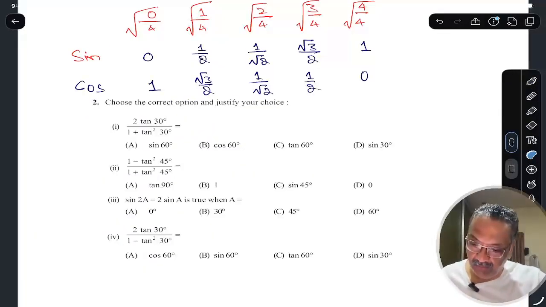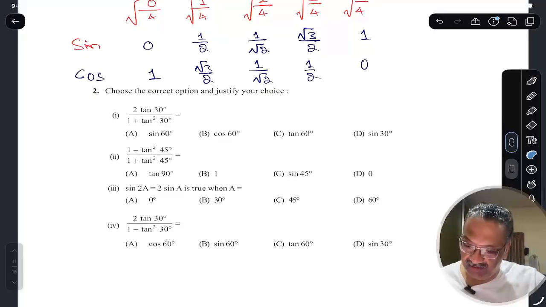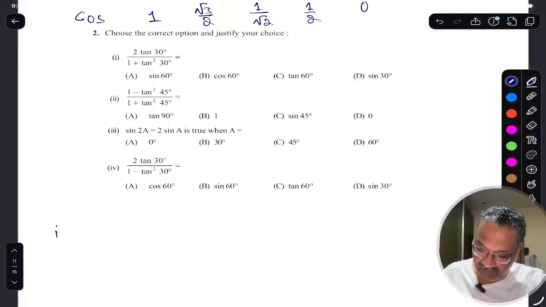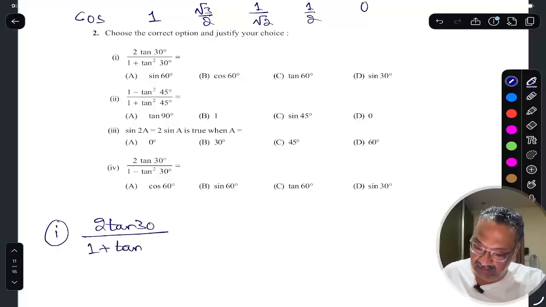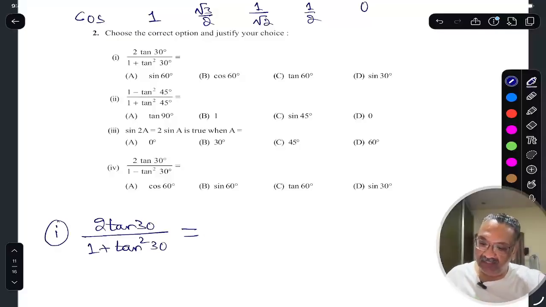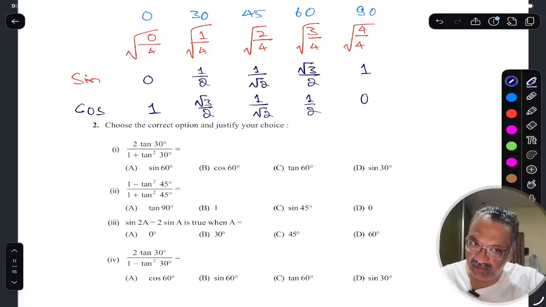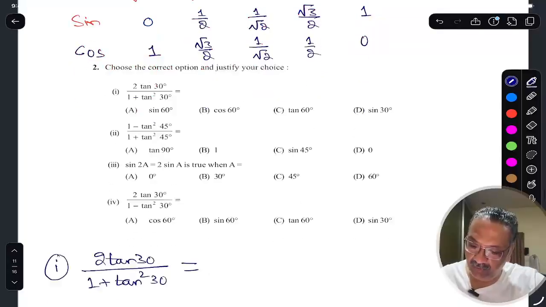Next, question number 2. Choose the correct option and justify. Okay, the first one we have got. Let's solve this. 2 tan 30 divided by 1 plus tan square 30 is equal to, now what is tan 30? Tan 30 is sin 30 divided by cos 30, so it will be 1 by root 3.